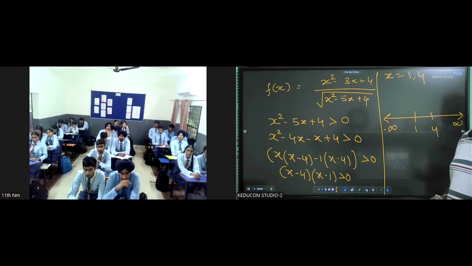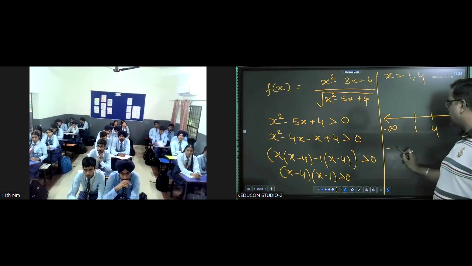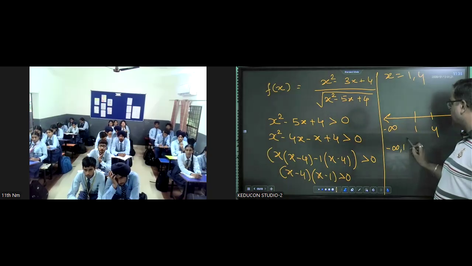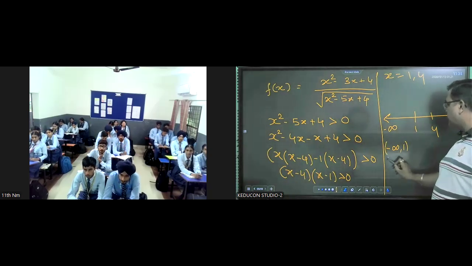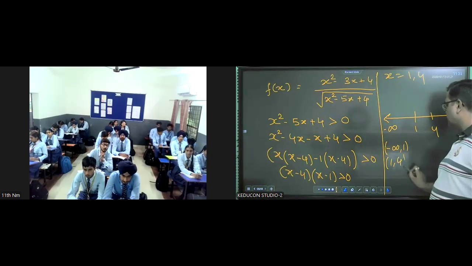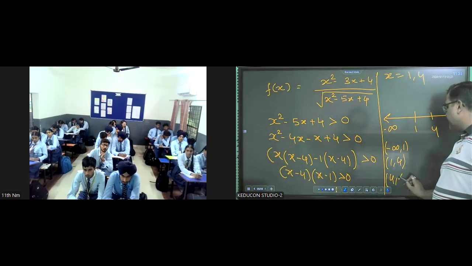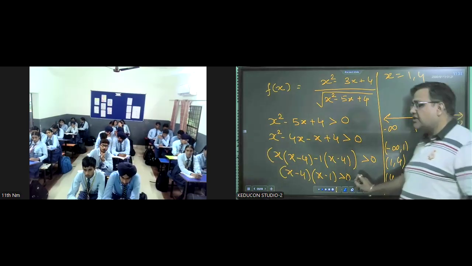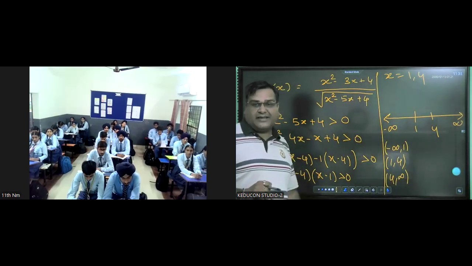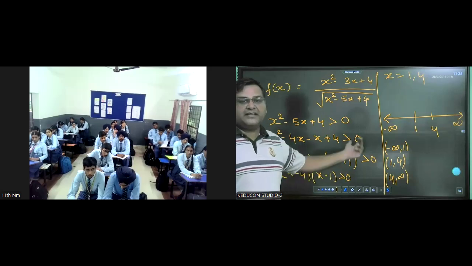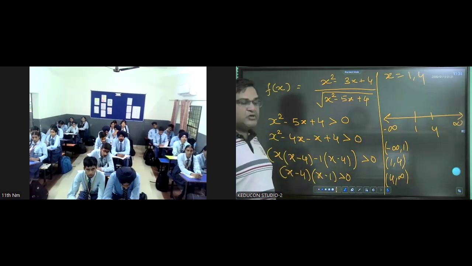Now how many intervals do we have? Minus infinity to 1. Then we have 1 to 4. Then we have 4 to infinity. Now we want this factor to be greater than 0. So now check in which interval you are getting the value of this function as positive.